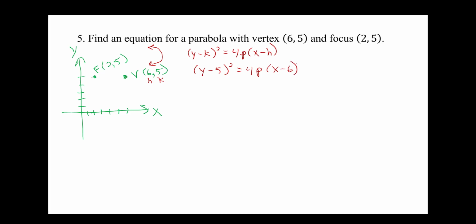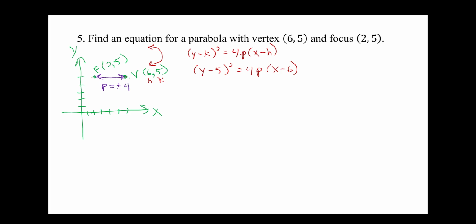We need to figure out what p is. The focus gives us a lot of information here. The distance between the vertex and the focus gives me p, but it doesn't tell me if p is positive or negative. So p is either plus or minus the distance from (2, 5) to (6, 5).